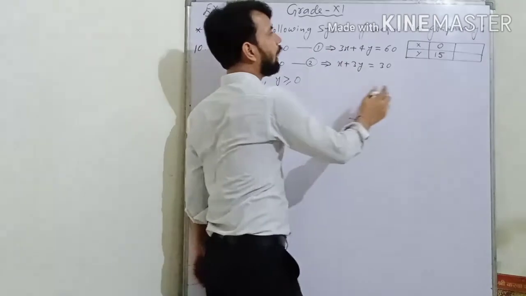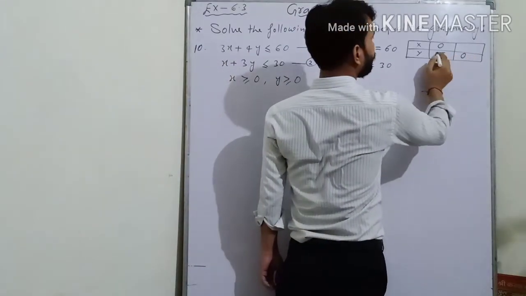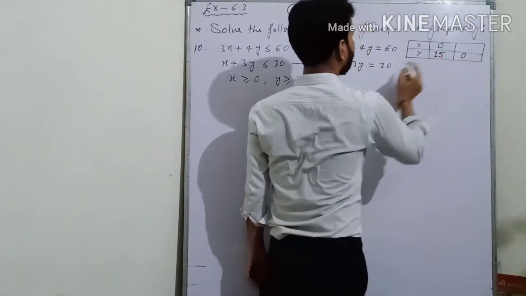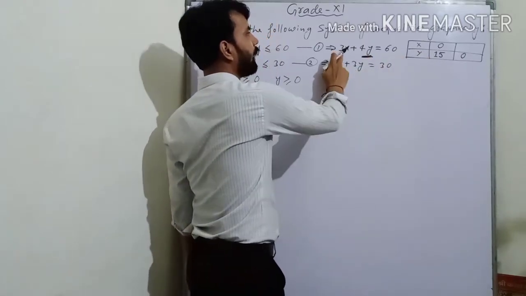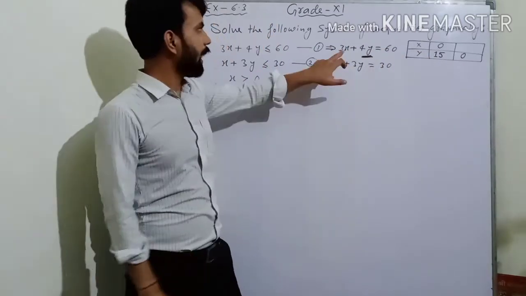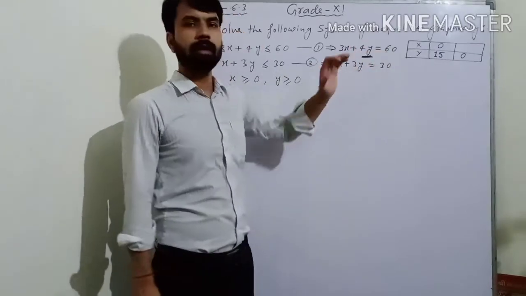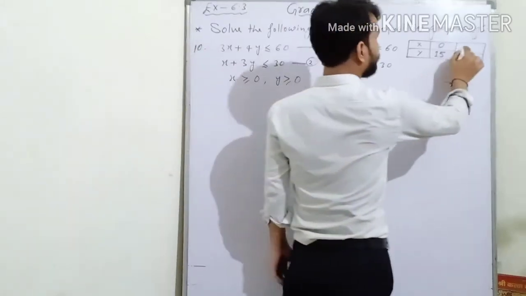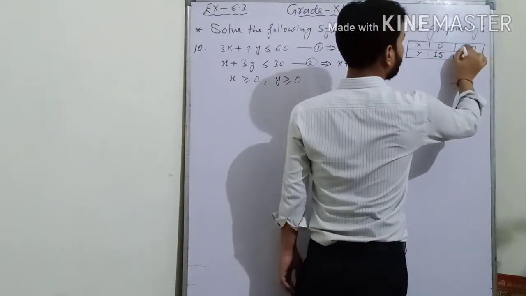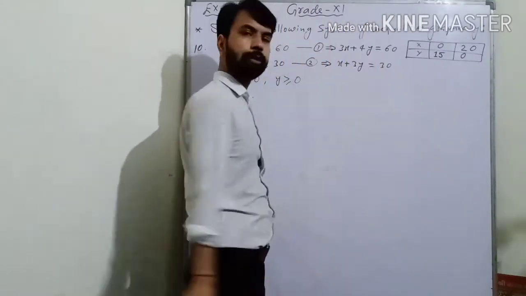Similarly, now we will have to put y equal to 0. If we put y equal to 0, then this term will be 0. We will get 3x equal to 60. Then x equals 60 divided by 3, which means 20. So the value of x is 20. Got it?